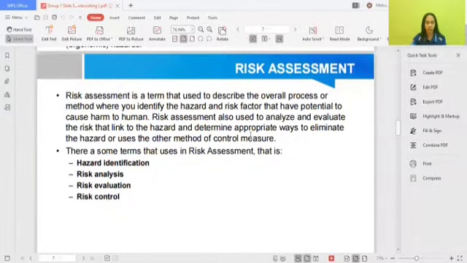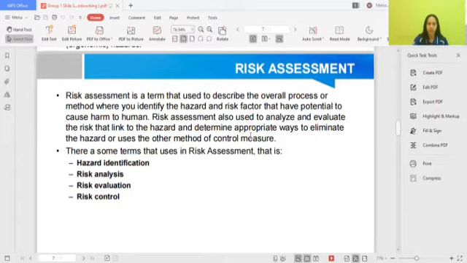Okay, good morning, Ms. Farah. My name is Nelson Marius, and today I will present about risk assessment. Risk assessment is a term used to describe the overall process or method where you identify the hazards and risk factors that have the potential to cause harm to humans.